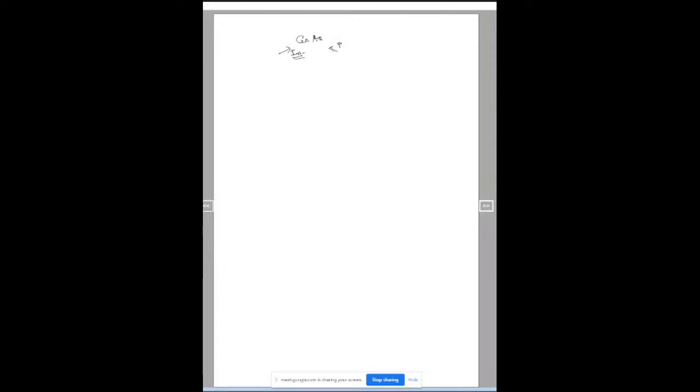Indium belongs to group 3, so indium will replace gallium. Phosphorus will replace arsenic. So we have 2 mole fractions, X and Y. This gives a new material which is called indium gallium arsenide phosphide.